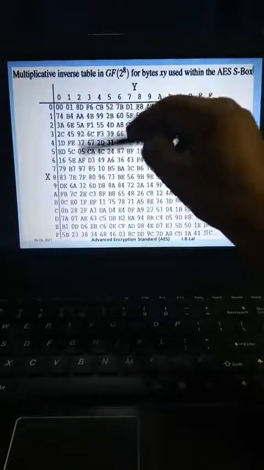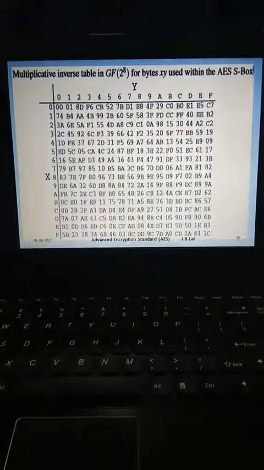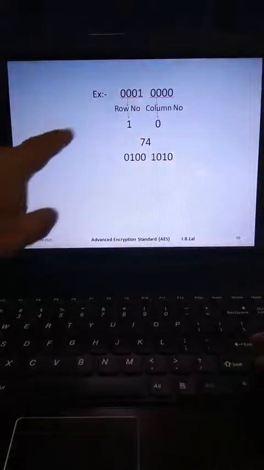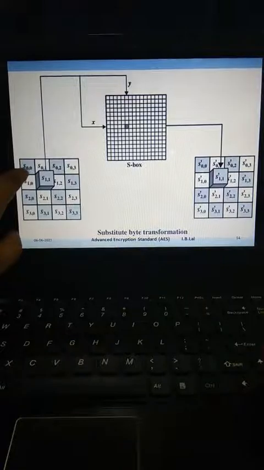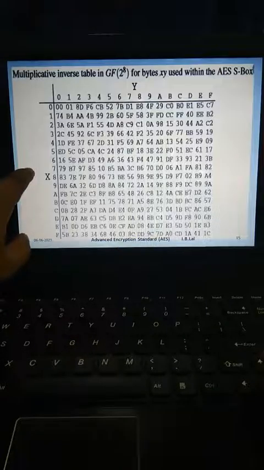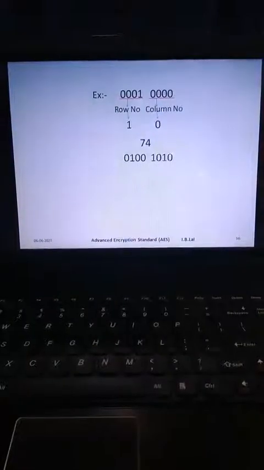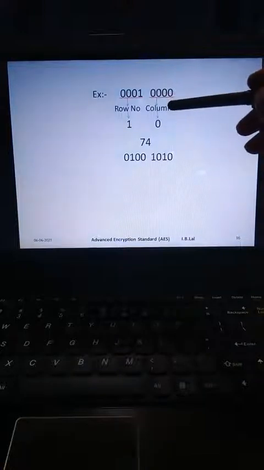The 0th column, first column, second column, third column, fourth column, fifth column, and so on. This is the 0th row, first row, second row, third row, and so on. Now how do we pick the value from this S box? Suppose we get a value from a particular cell, this S00, and the value stored in S00, just imagine, is 00010000, 8 bits. The first 4 bits give us the row number and the next 4 bits give us the column number.